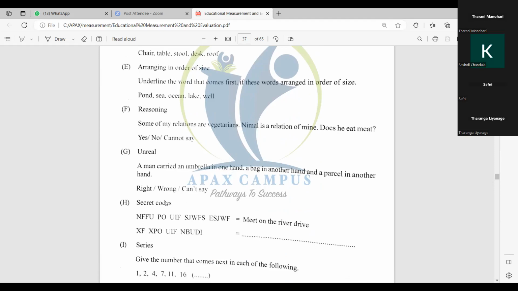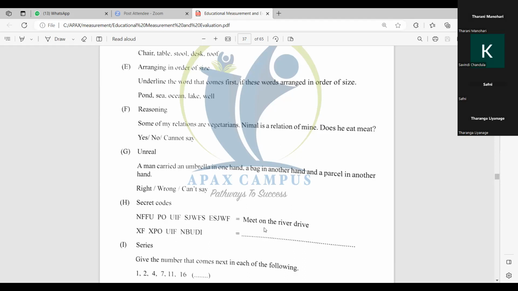Then there are secret codes you have to identify. You can see the code is given, then the meaning is given: meet on the river drive, right? So by following this, you have to find the words here. First follow how they have given the letters, and then find the meaning.